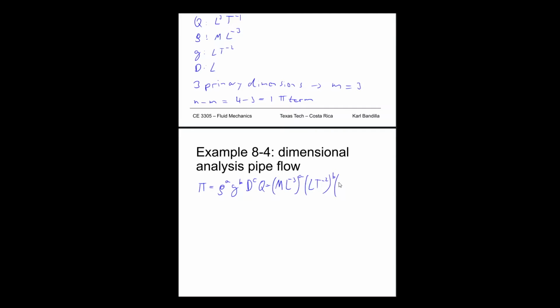Then D was just a length to the C power, and then our Q, which is length cubed, the volume per time.